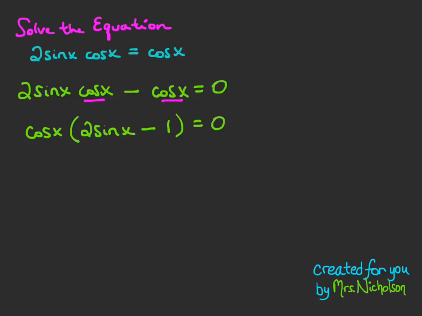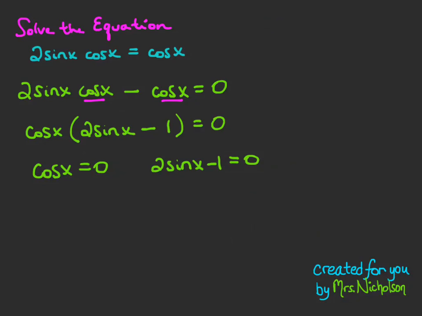Still equal to 0. So now I have this factored. I can set each factor equal to 0. Cosine x equals 0, and 2 sine x minus 1 equals 0. Notice now that I have the factors split up, each one equal to 0, each equation only has one trig function.